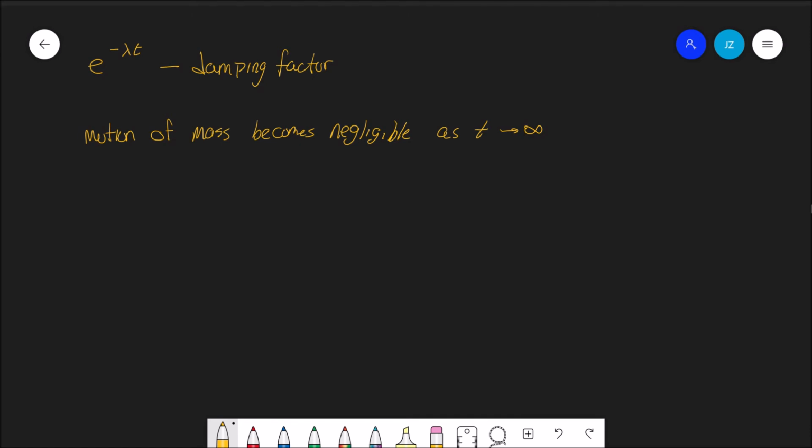That is because this term, the damping factor, will tend to 0 as t tends to infinity. So this is damping. The fact that it's being damped means that the motion will eventually dissipate. It just takes a very, very long time.